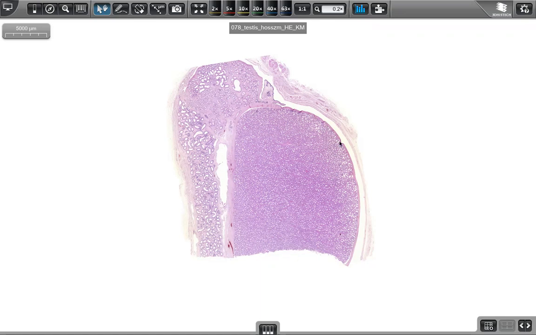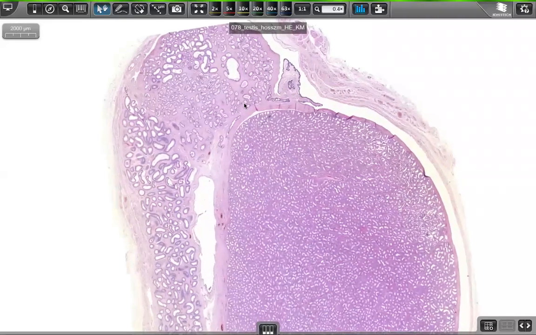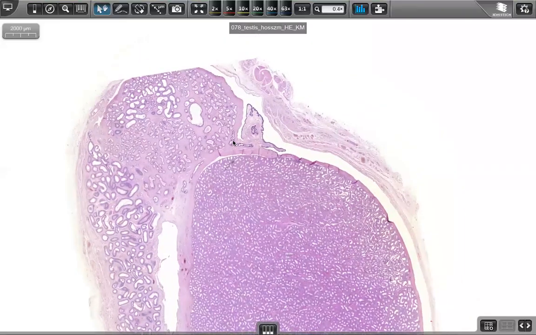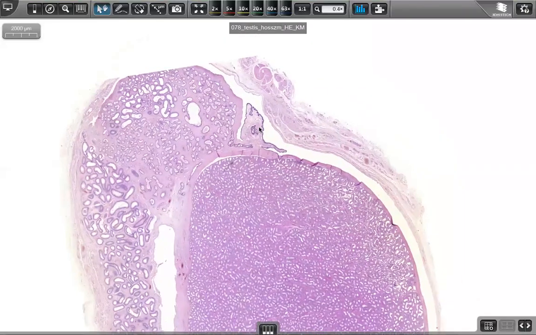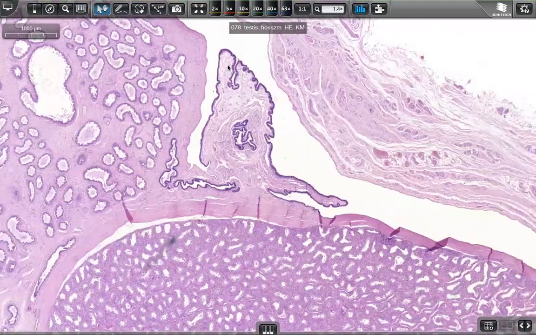Here we have the testis. That's the epididymis. This is the head. That's the body of the epididymis. And when we zoom in, here we can see the appendix testis. You remember this is the developmental remnant of the Müllerian duct.